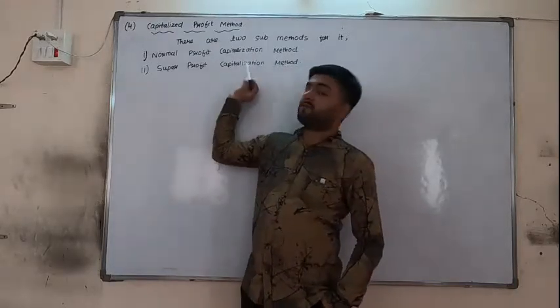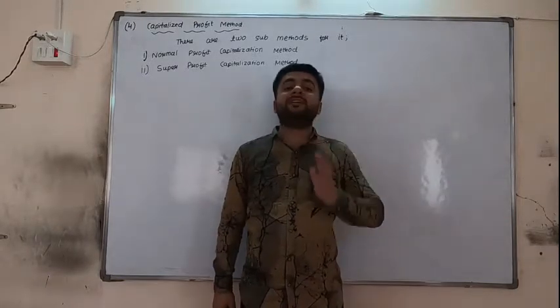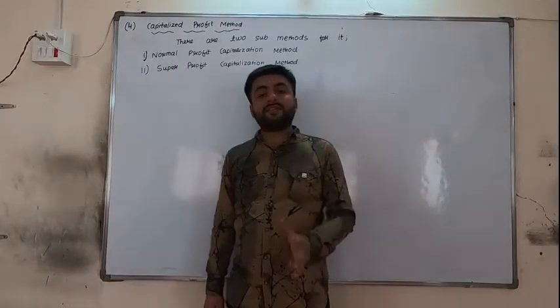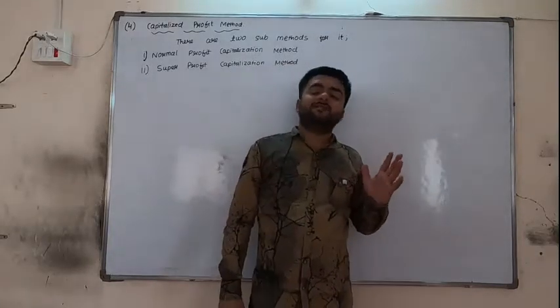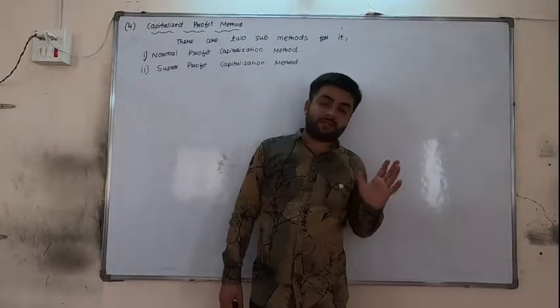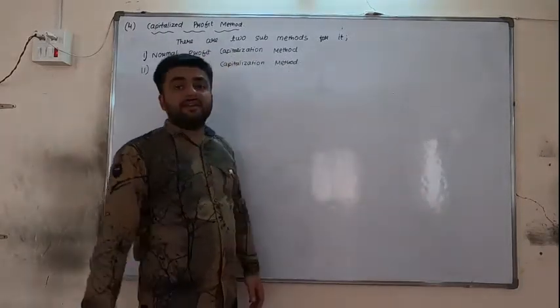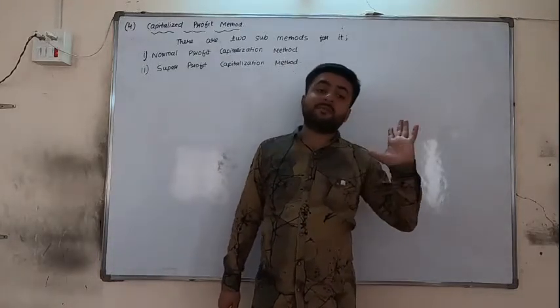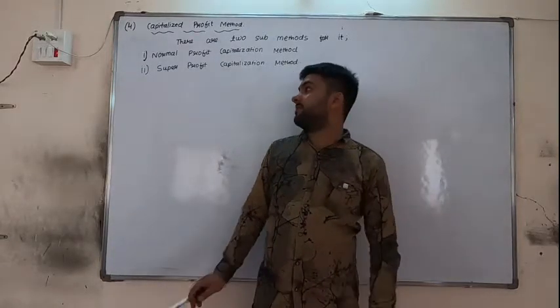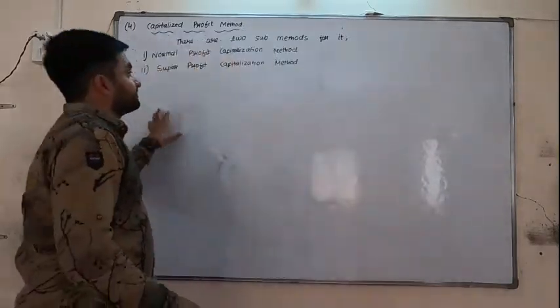For that, sometimes with the capitalization method, the name is written as capitalization of weighted average profit method. It means it is the normal profit method only, but you have to use weighted profit for it. And where the super profit capitalization method is there, it is just like the super profit method. Only the last step is different. All other steps are the same. So now let us write the steps for both of them.